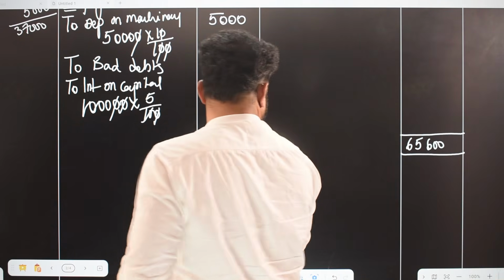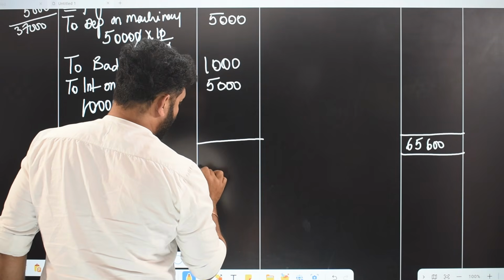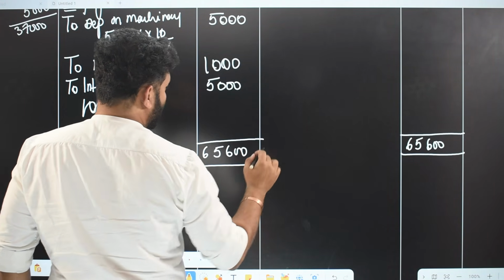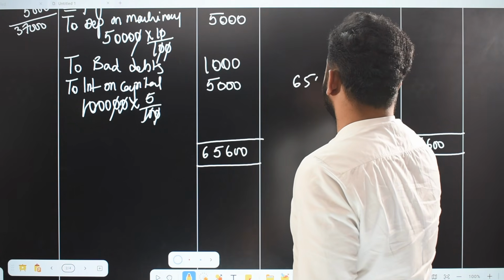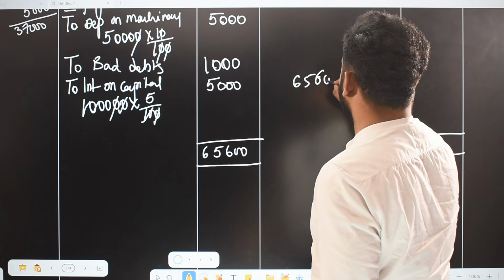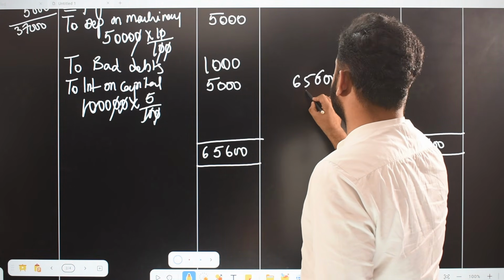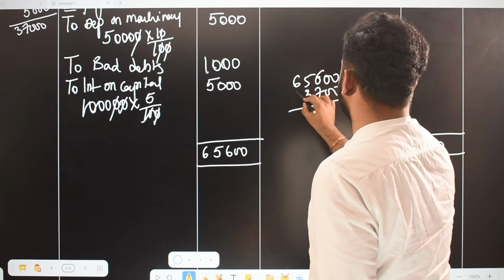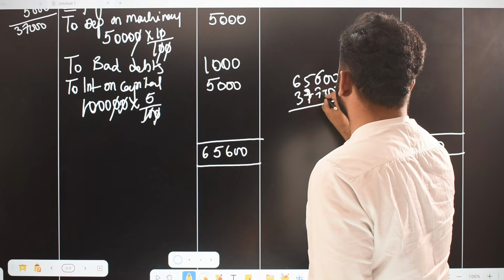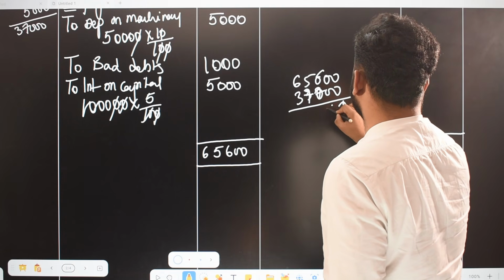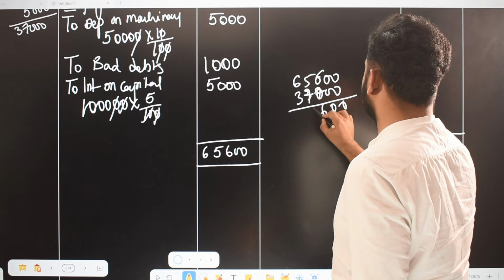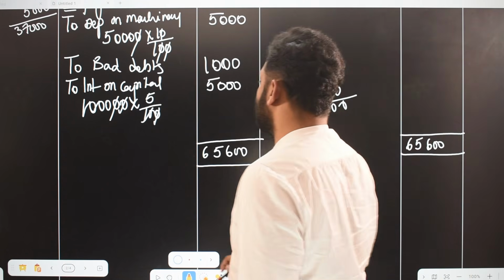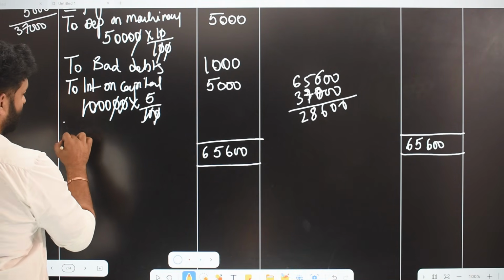Both sides now 65,600. 65,600 minus 37,000. 28,600 is the net profit.